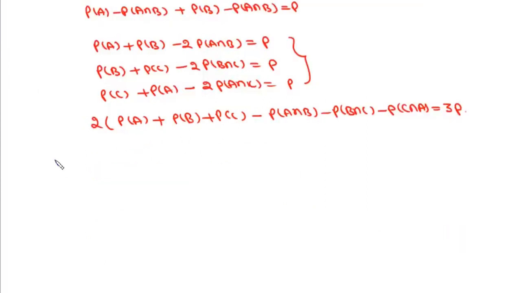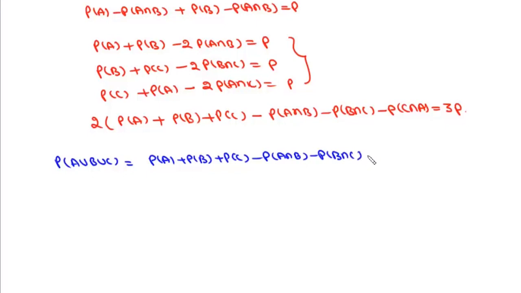Now we have to find at least one of A, B, C must occur. Probability of A union B union C. Now this probability is P(A) plus P(B) plus P(C) minus P(A intersection B) minus P(B intersection C) minus P(C intersection A) plus probability of A intersection B intersection C. Now we already know this value.